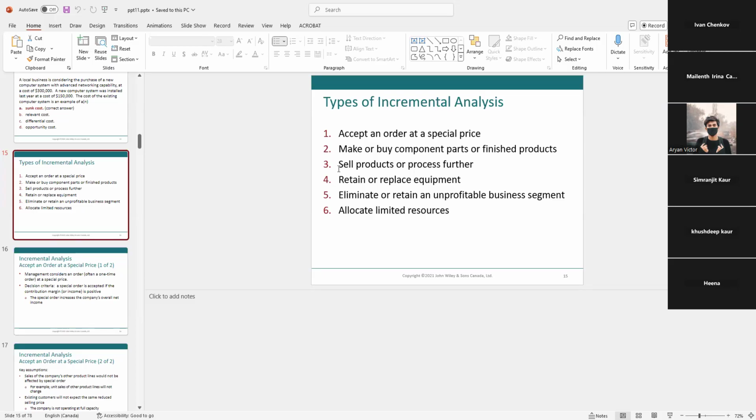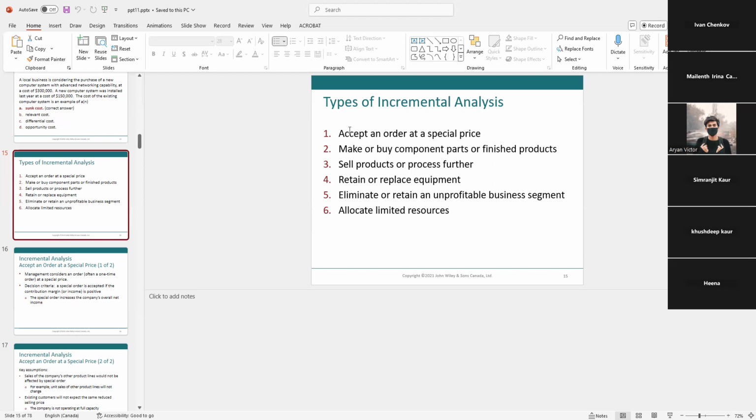Then the next decision is to sell the product as it is or process it further. The fourth decision is to keep the equipment or replace it with a new one. Fifth one is to eliminate or keep the unprofitable business segment. And the last one is to allocate the limited resources.